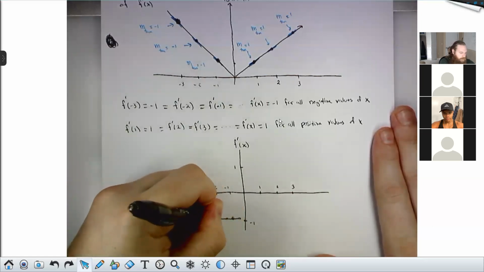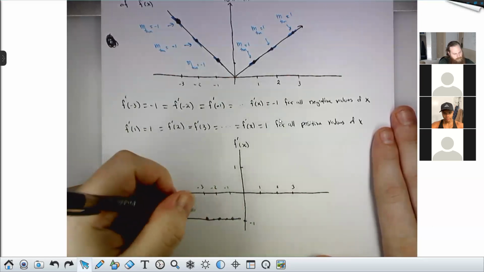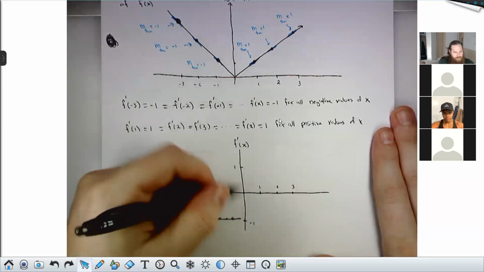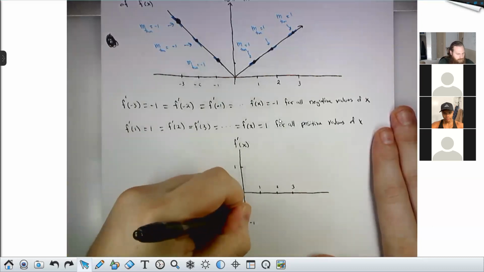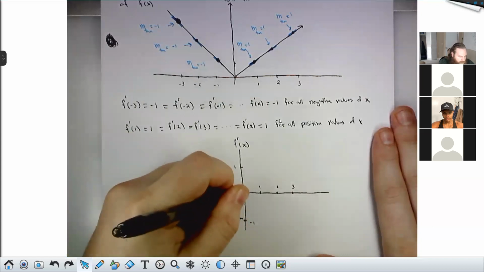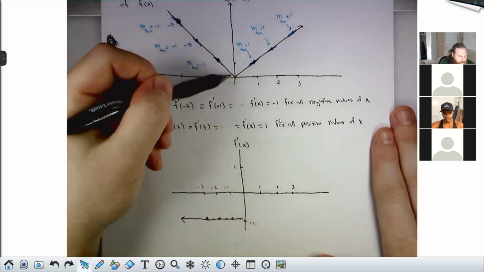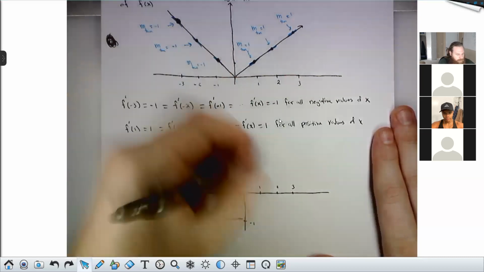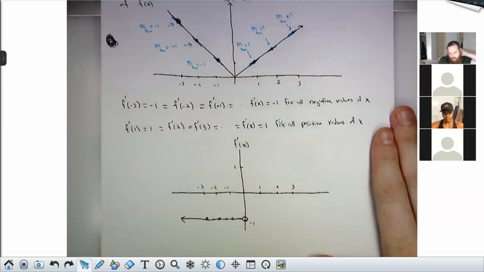So it looks like this horizontal line over here. I don't know what happens at 0. I know if I'm really close to 0 over here, like even -0.01, that's still like right here, where my slope would be -1 all the way up to 0 itself. But at 0, I cannot say.